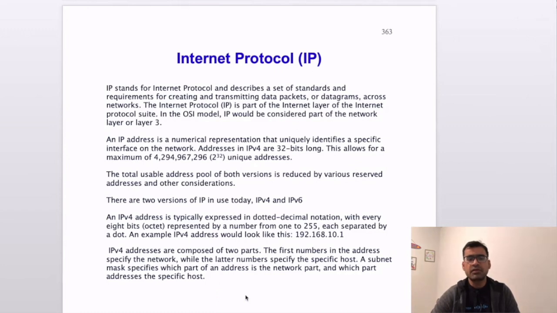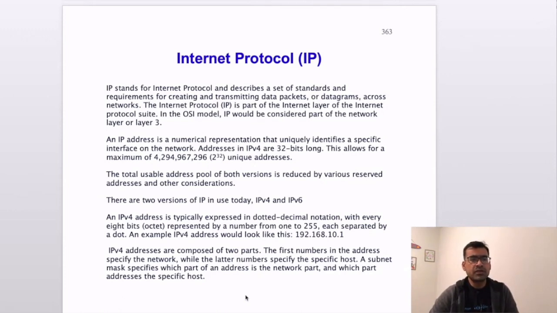IPv4 is the initial one, and as IPv4 started hitting the upper limit of this number of IP addresses, another protocol came with some more enhancements, which we call IP version 6. So IP version 4 and IP version 6. In this video, we are going to talk about IP version 4 only.